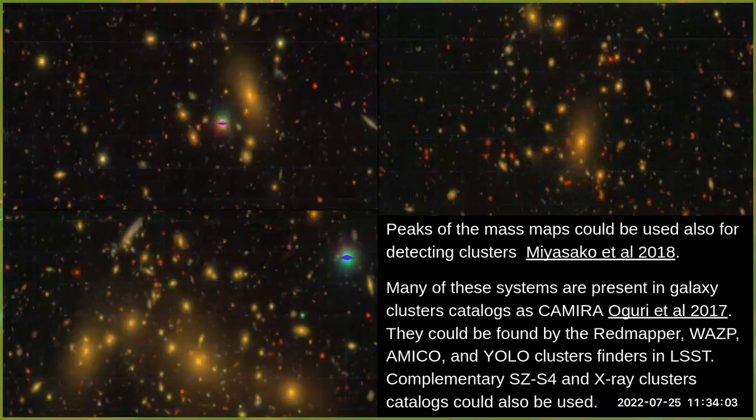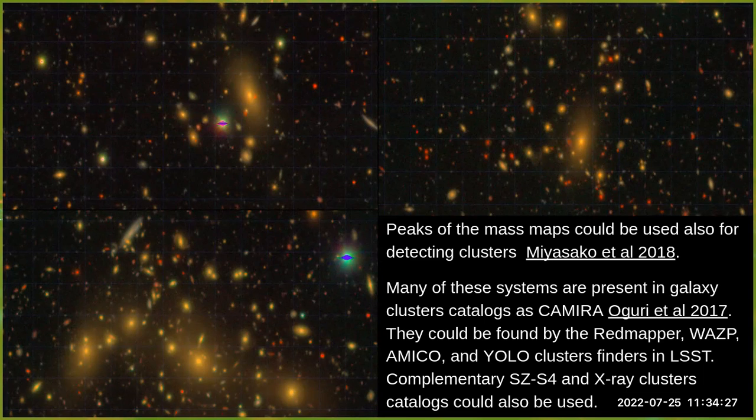And of course, in the case of Rubin data, they will be easily found by the redMaPPer, AMICO, and YOLO cluster finders. Obviously, this information could be combined with other sources coming from Sunyaev-Zeldovich, Planck, and CMB-S4 data in the future, or X-ray cluster catalogs.